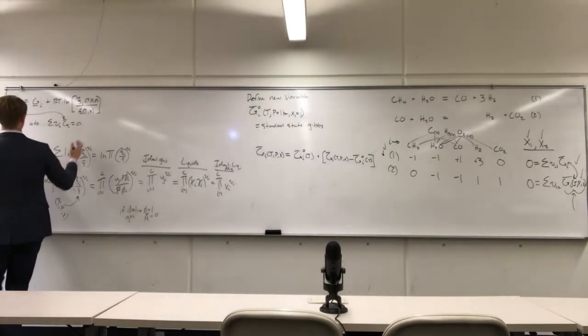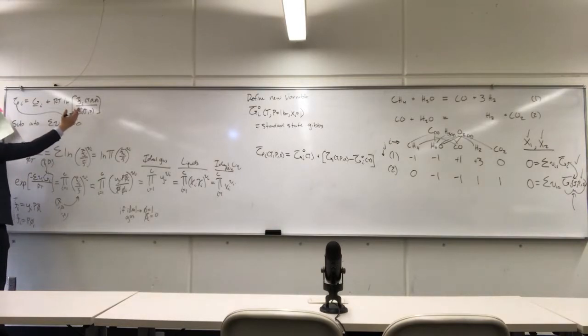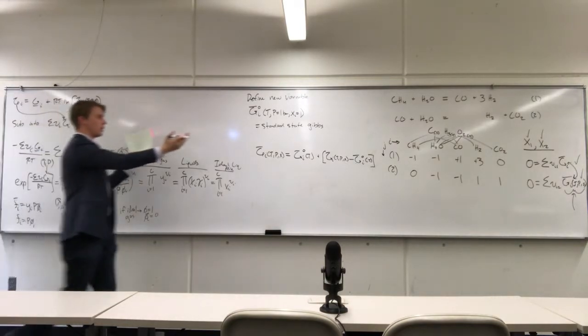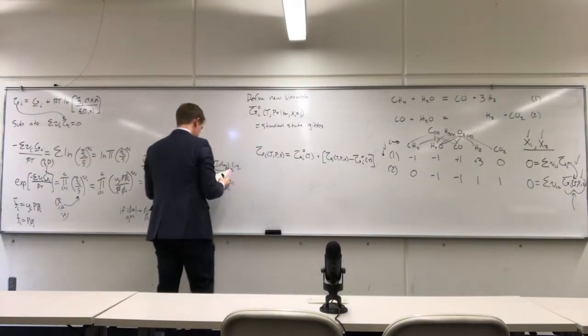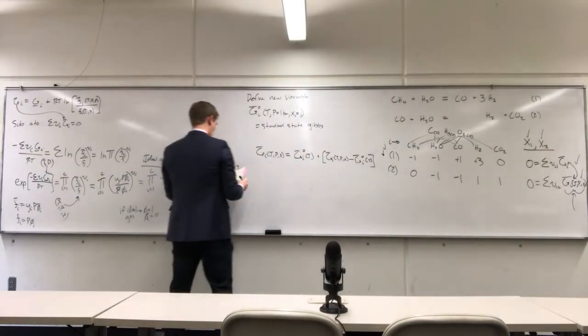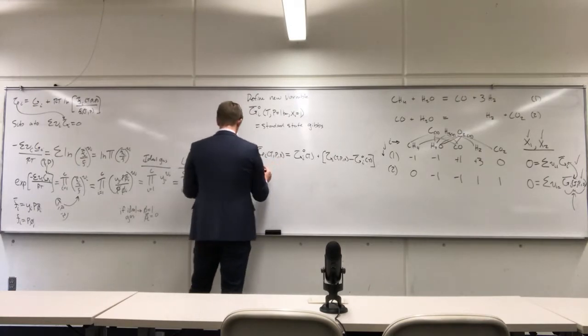So instead of substituting this definition for the Gibbs free energy, we're going to substitute in this definition for the Gibbs free energy. So what we'll write then is almost an identical equation to what you saw on the first exam.